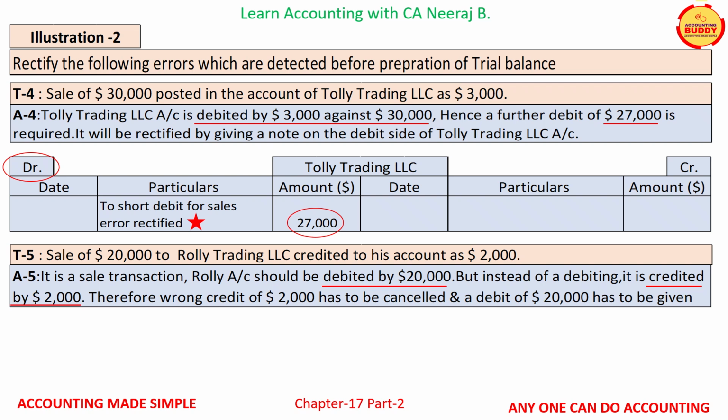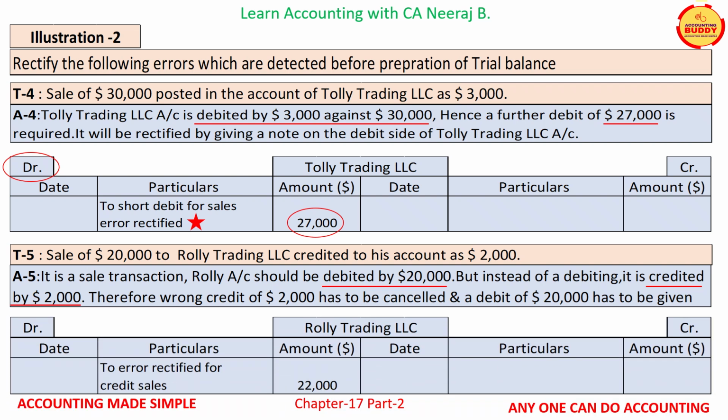Therefore, one wrong credit of $2,000 has to be cancelled by debiting Rolly Trading LLC account for $2,000, and a debit entry of $20,000 has to be posted to Rolly Trading LLC account for the credit sales. The rectification entry will be recorded in the Rolly Trading LLC account for $22,000 on the debit side by writing "to error rectified for credit sales" in the particulars column.